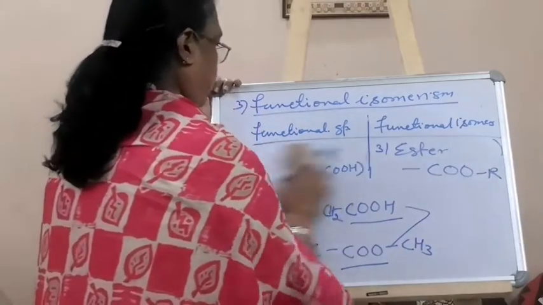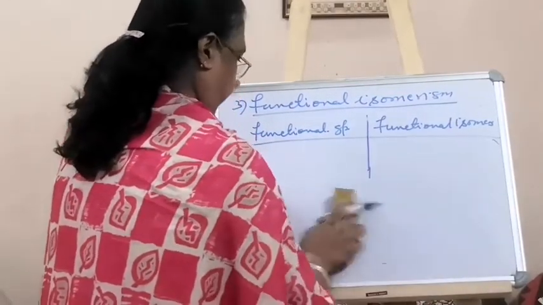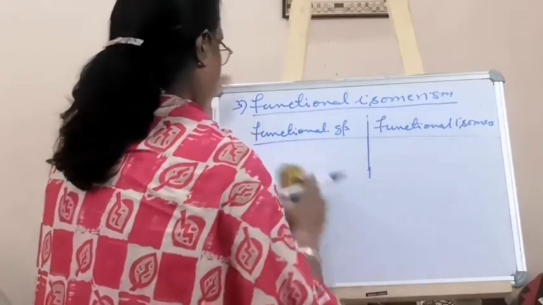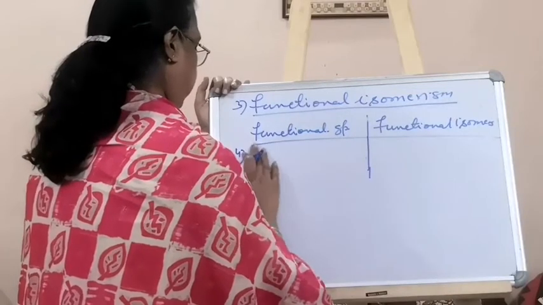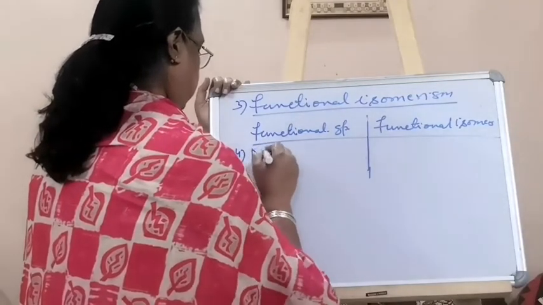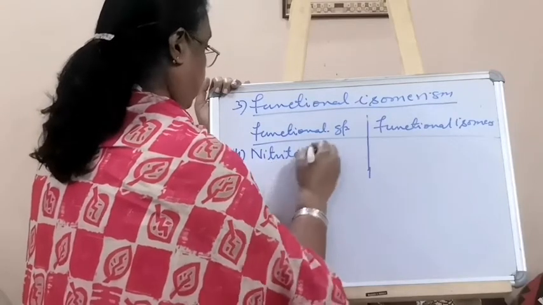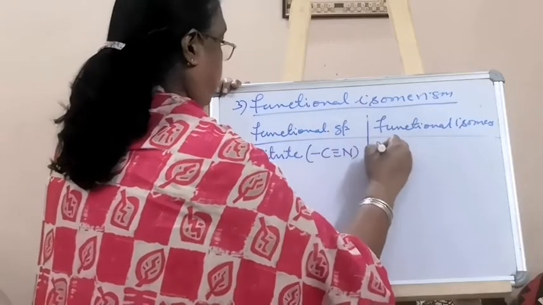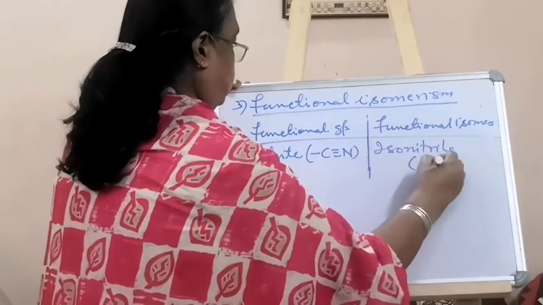Then number 4, cyanide or nitrile. Nitrile is C triple bond N, with isonitrile, that is NC.